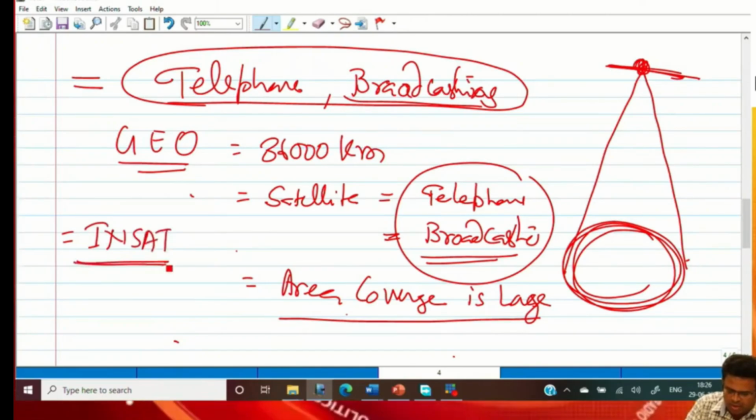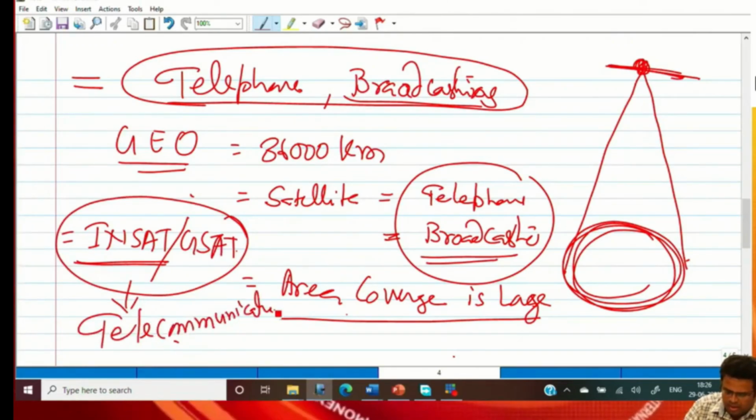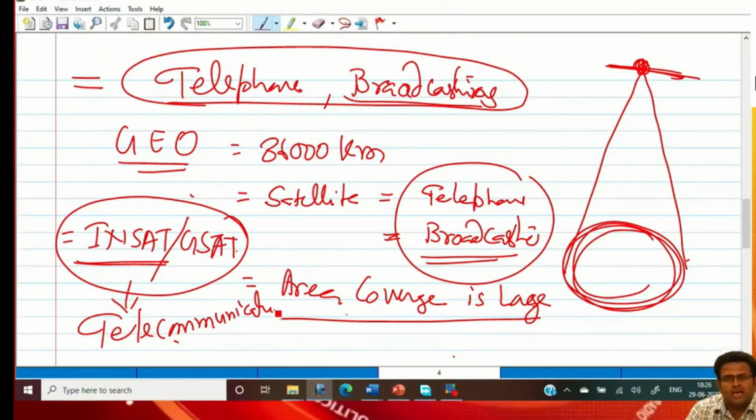Whenever you hear about INSAT or GSAT, these are satellites for telecommunication, or you can say broadcasting, understood? So for telecommunication, in such a case I need very few satellites, not a large number of satellites.